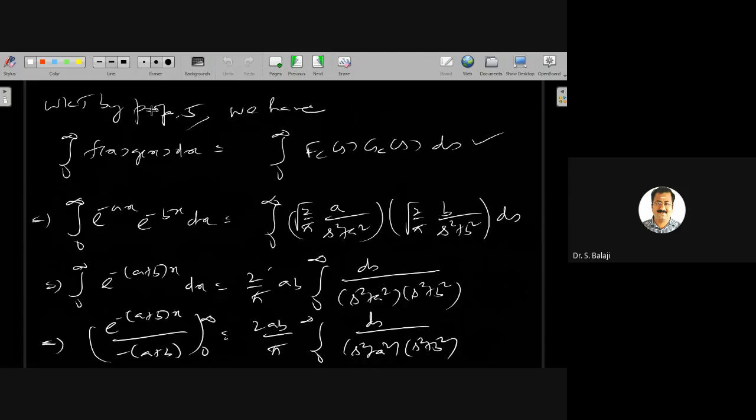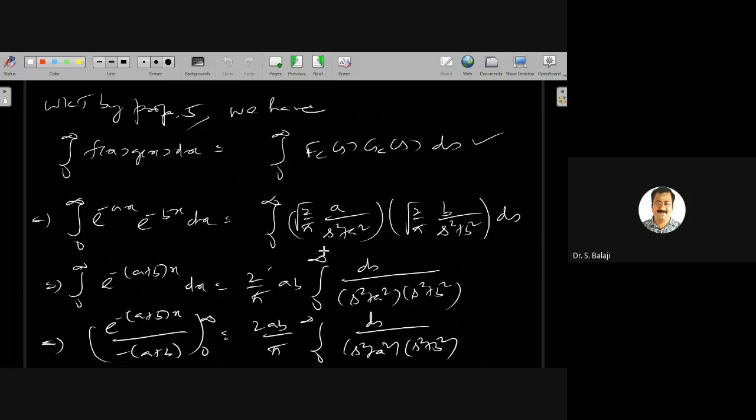Now you know the property. We know that by property 5, integral 0 to infinity f of x g of x dx equals integral 0 to infinity Fc of s Gc of s ds. Therefore, substitute f of x and g of x. f of x is e power minus ax, g of x is e power minus bx, dx.